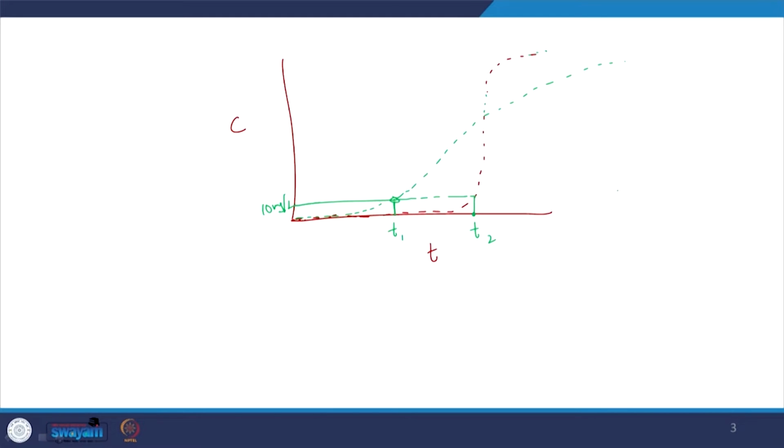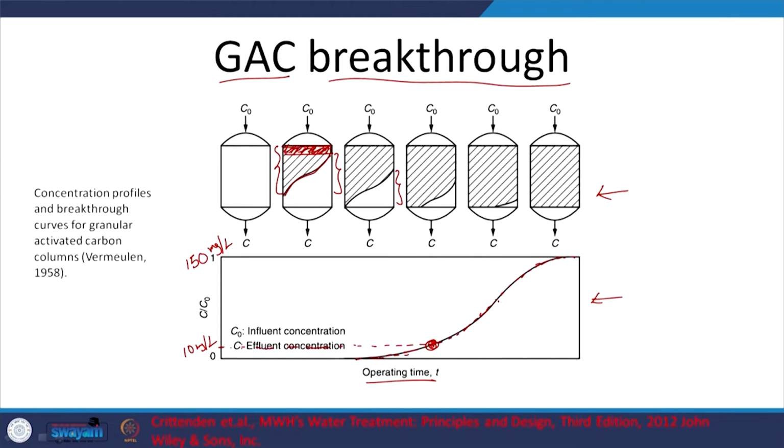One aspect is the concentration velocity. Let us consider 100 milligram per liter, the zone at which the concentration is 100 milligram per liter. Over time, obviously it is moving down. So, if I look at that as concentration velocity, it depends on terms with respect to porosity, Q by A and such.